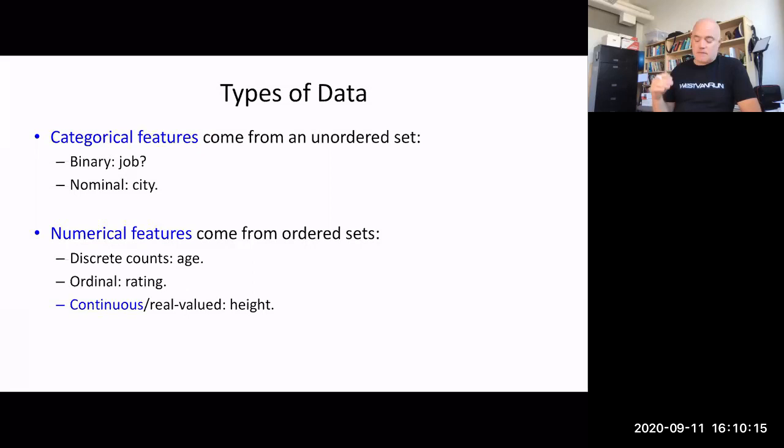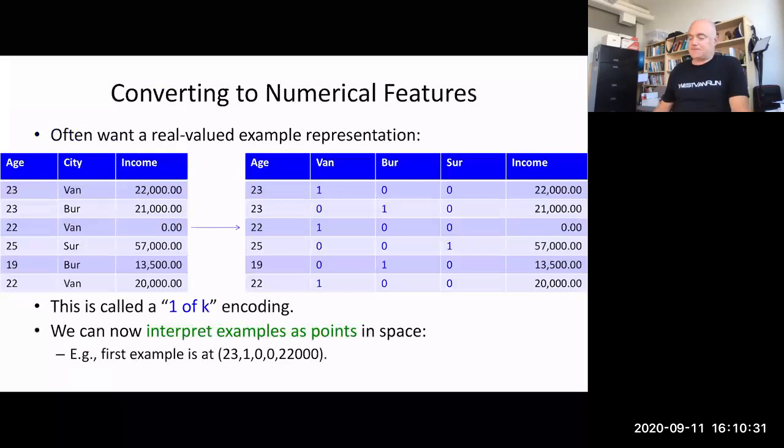Numerical features, things like age, mine is very high, yours generally is pretty low. Ordinal, some sort of rating, how much did you like this movie or not, or continuous or real value, which could be height or weight or something like that, right?